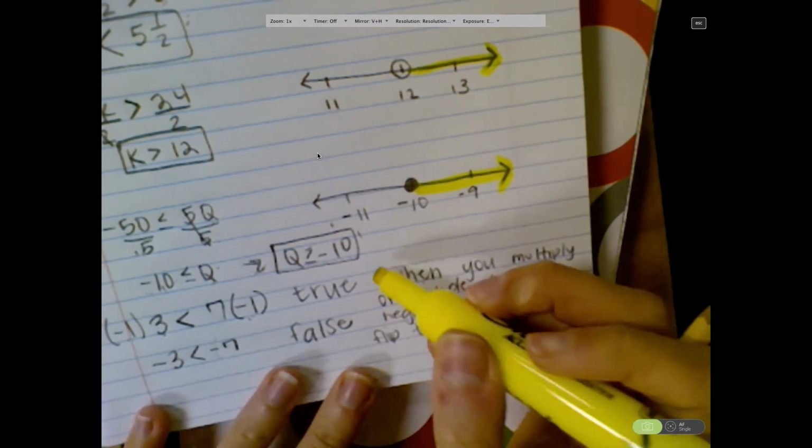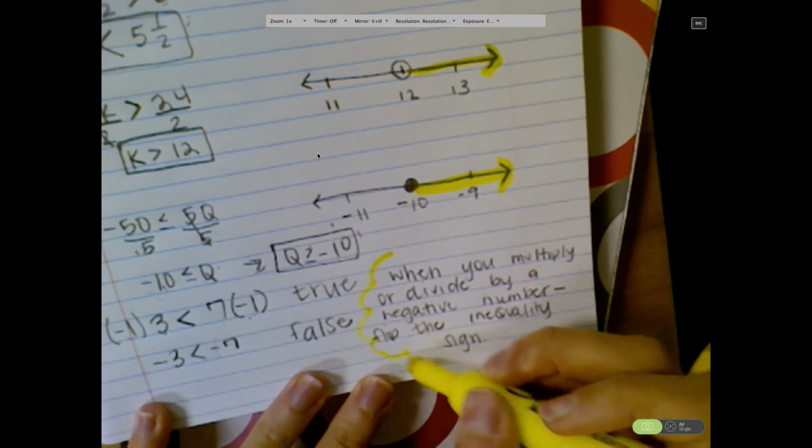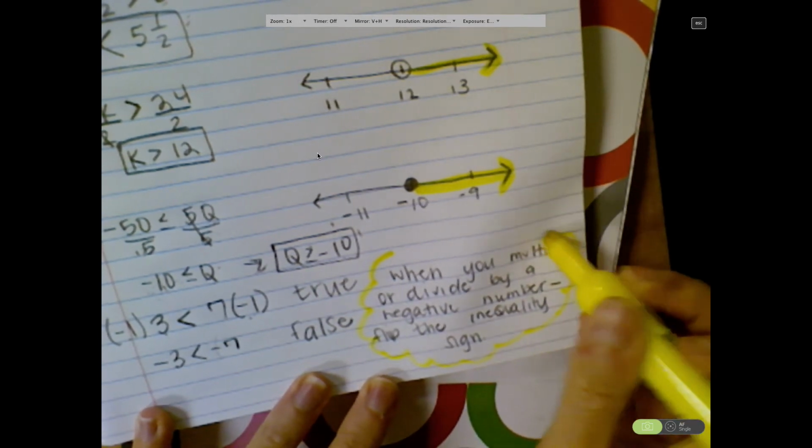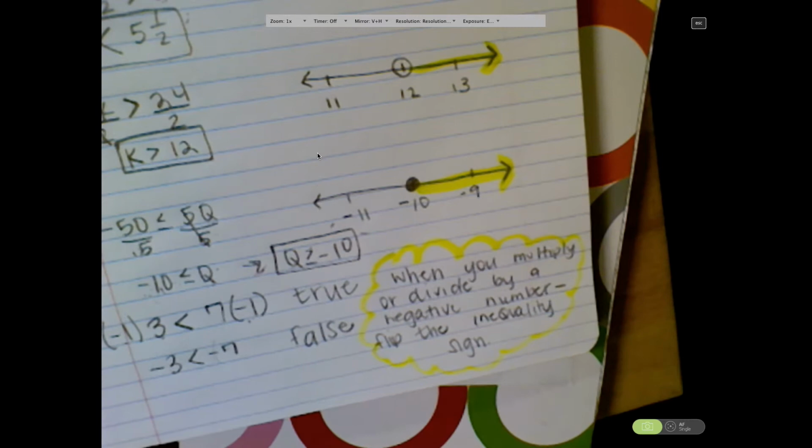This is so important, and I guarantee this is going to be the biggest mistake on the next quiz or test, simply because it's so easy to forget. Anytime you divide or multiply by a negative number, you need to flip your inequality sign.